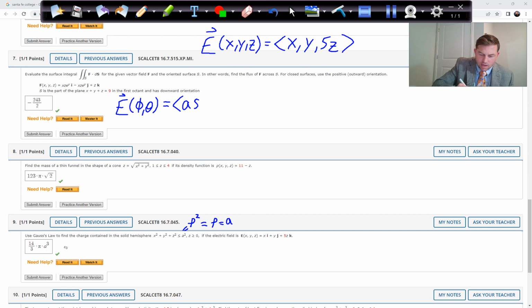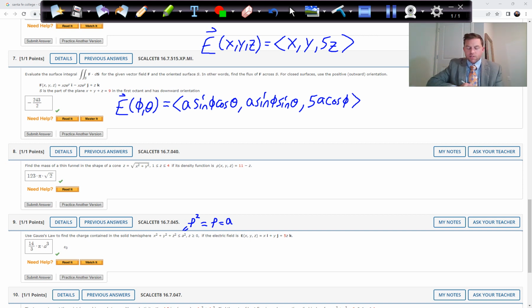So it's A sine phi cosine theta, that's what x is. Y would be A sine phi sine theta, and 5z would be 5, z is A cosine phi.